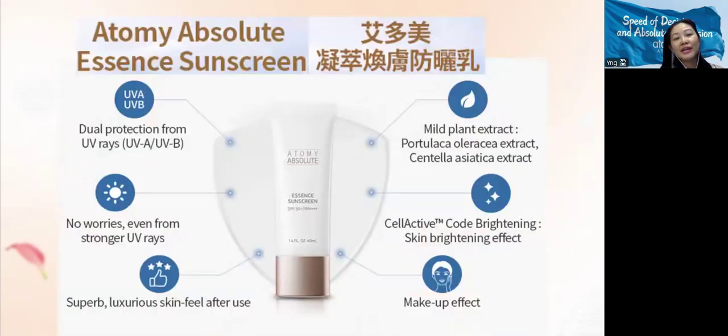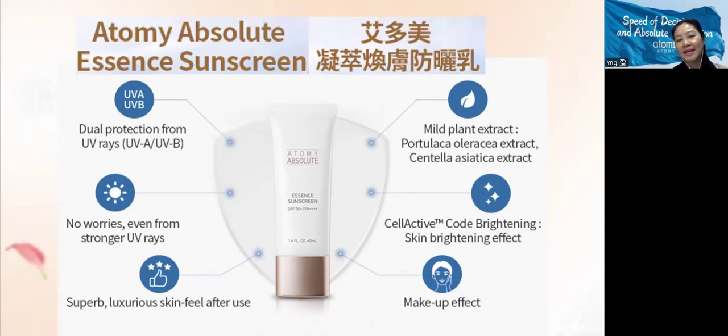And let's take a look at our Absolute Sun Essence Sun. This is a 2-in-1 with essence and sun protection. It has dual protection from UVA, UVB. There is no worry even if there are stronger UV rays. It has a superb, luxurious skin feel after use.